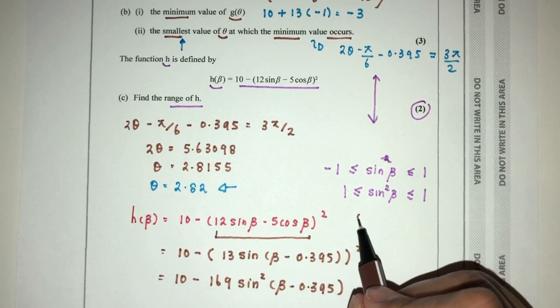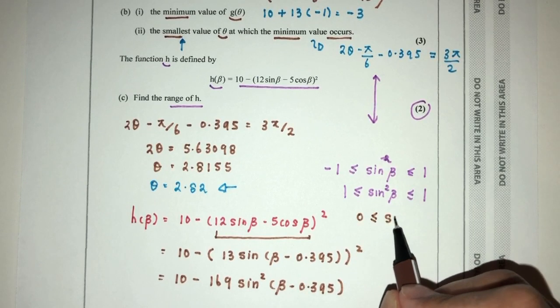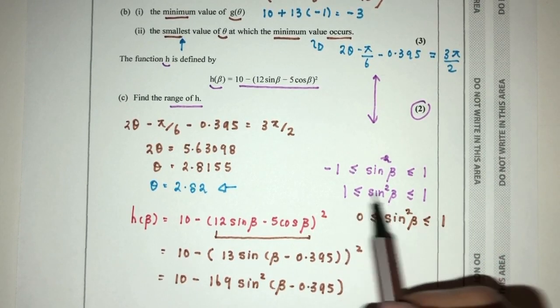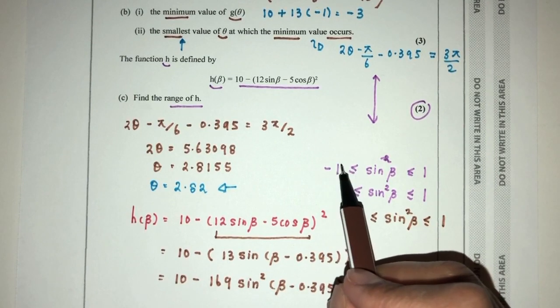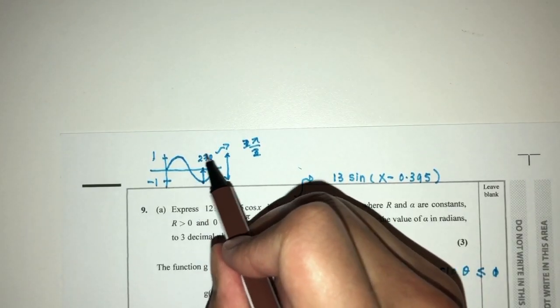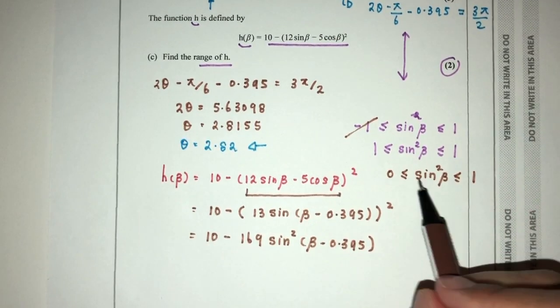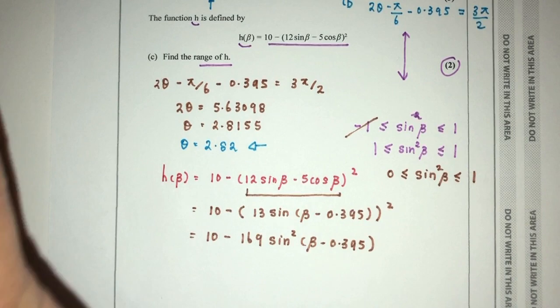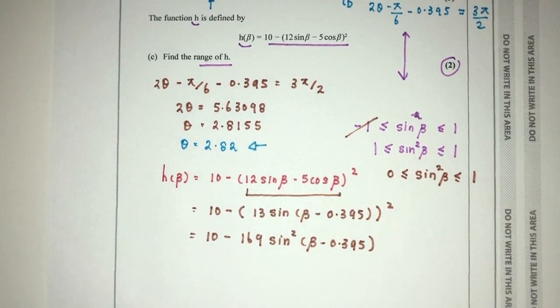So they have to be 0 and this. That makes sense, right? Because if you square the value, we cannot have a negative value. But also, you can see here, the value of 0 will be somewhere over here as well. That's the main idea. So the value of sine squared of the angle has to be between 0 and 1. I hope that makes sense. According to the graph, it will be between those two values.